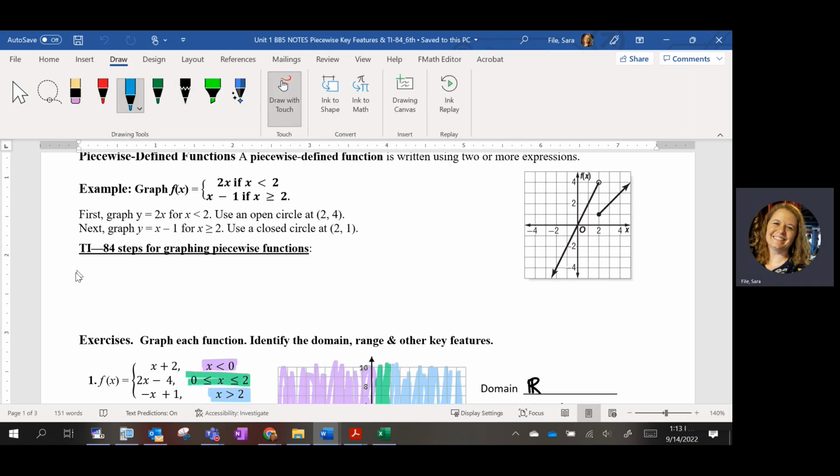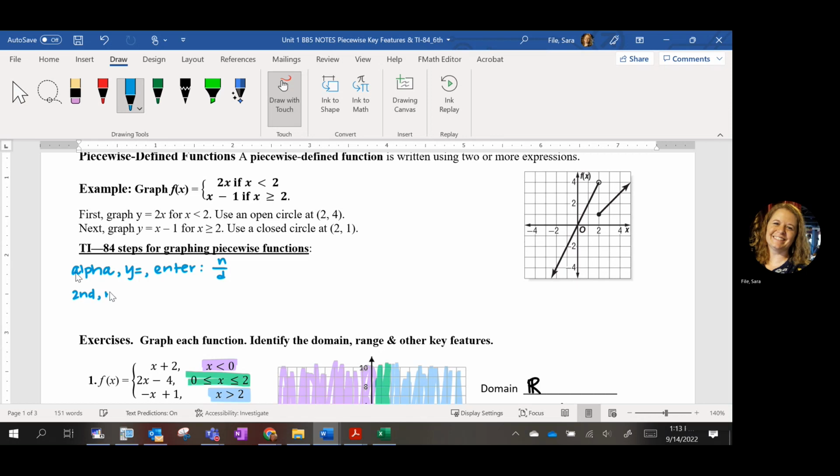We hit alpha y equals enter to get the numerator over denominator. And then we hit second math to get the inequalities. Okay, so that's what we need to be able to find.